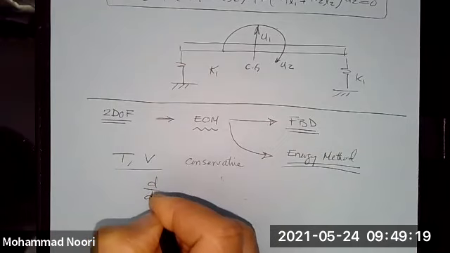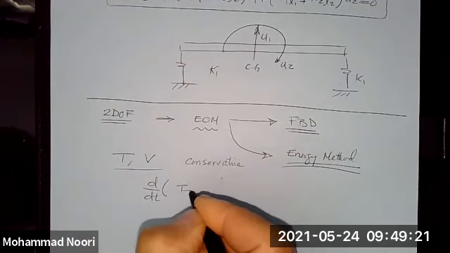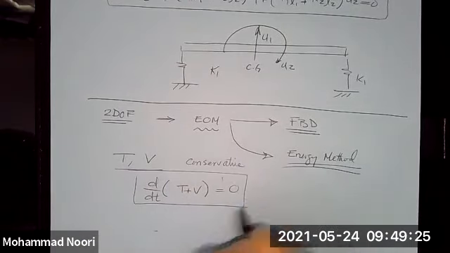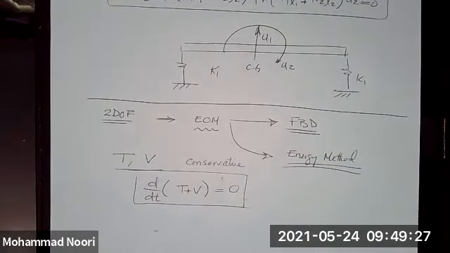So by taking the time derivative of these two, which would be 0, and setting up this equation, we could find the equation of motion.